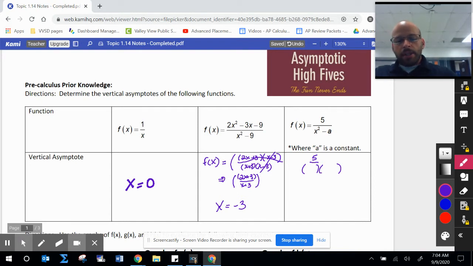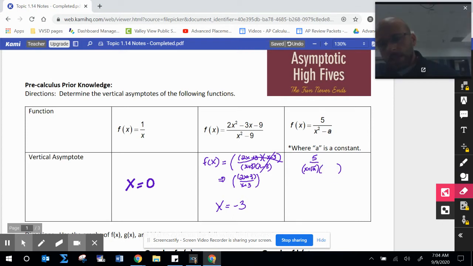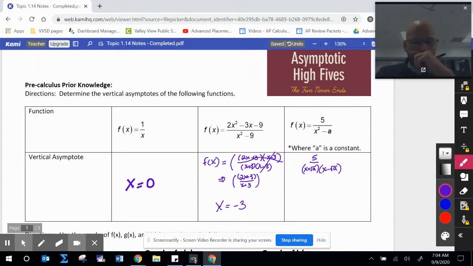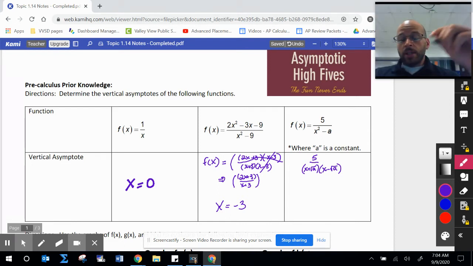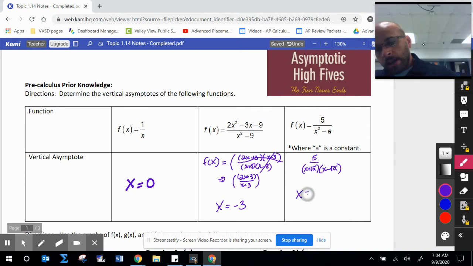It's going to end up being x plus the square root of a and x minus the square root of a. There's no way to reduce that. You can see that those are going to be two non-removable discontinuities, in this case, infinite discontinuities. So I'm going to have vertical asymptotes at a negative square root of a, and I'm going to have a vertical asymptote at a positive square root of a.